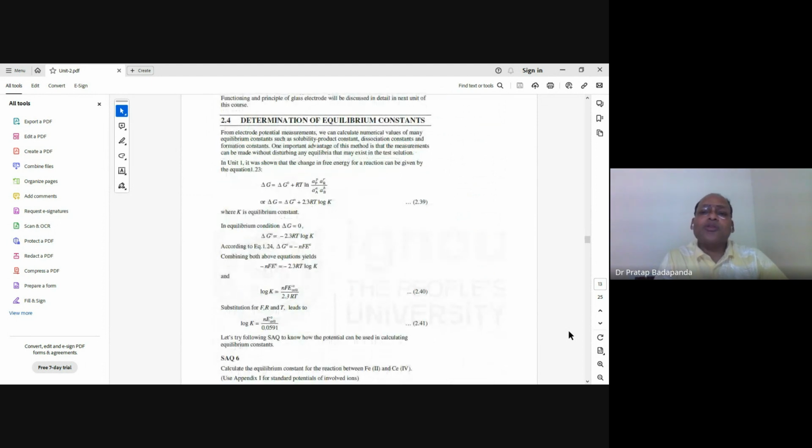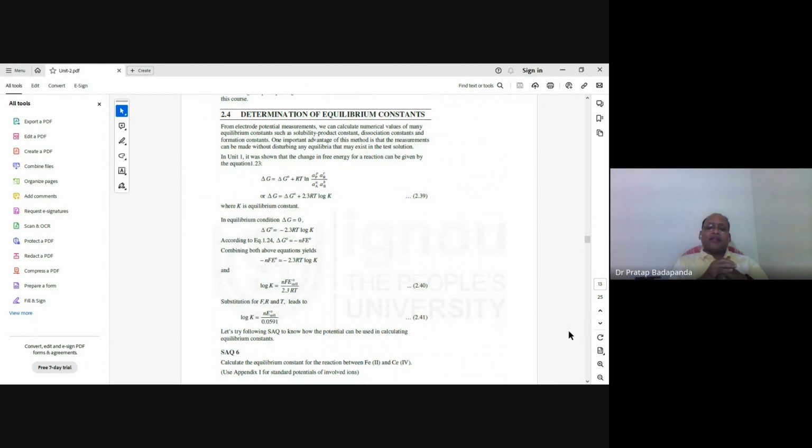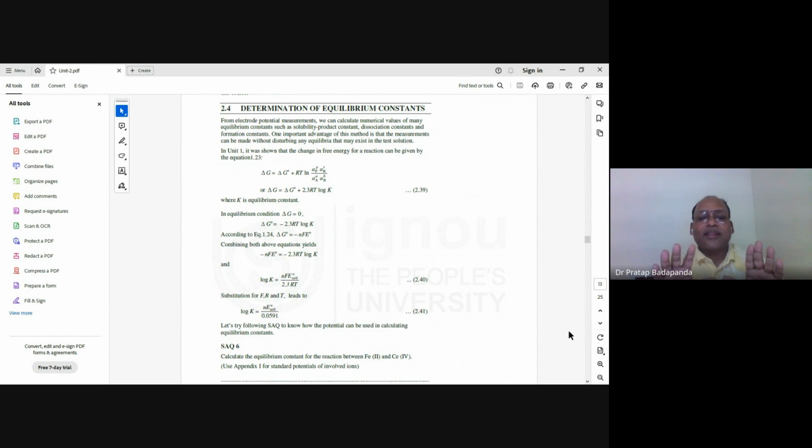Okay. Now the point here is the determination of equilibrium constant. I have already told you about this area, but see this one. This is another area where derivation questions may come.